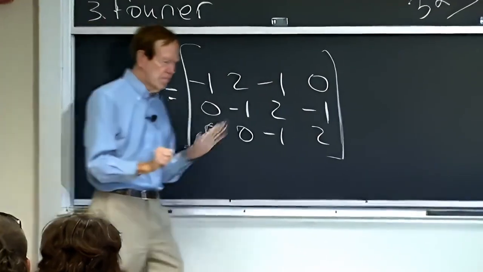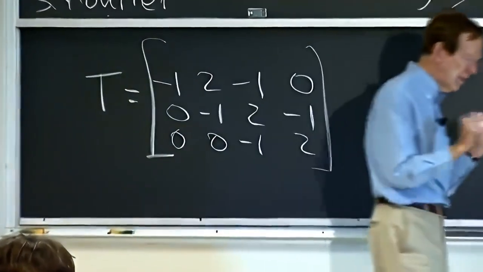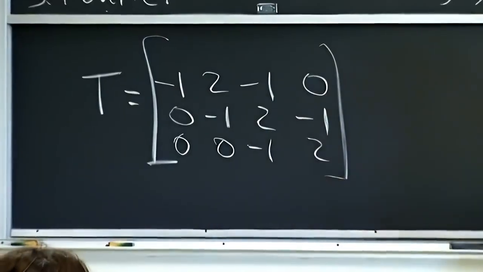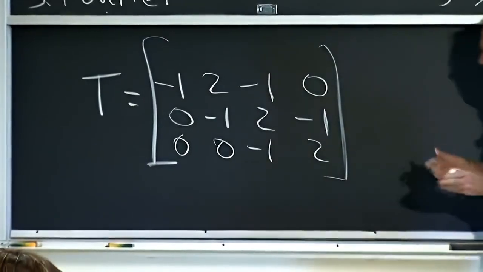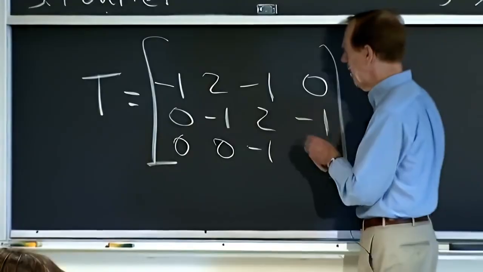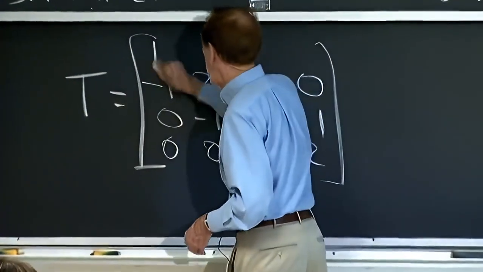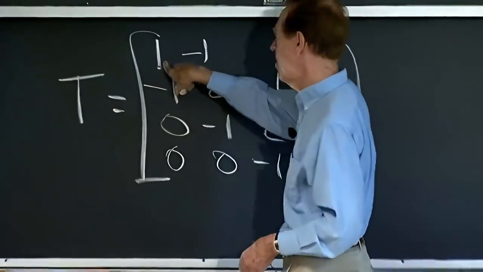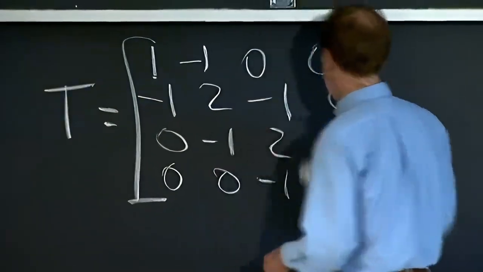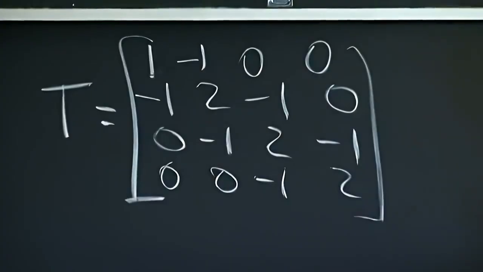Boundary conditions are always the tough part, the tricky part, the key part of a model. And here the natural boundary condition is to have a 1 there. That 2 changed to a 1.